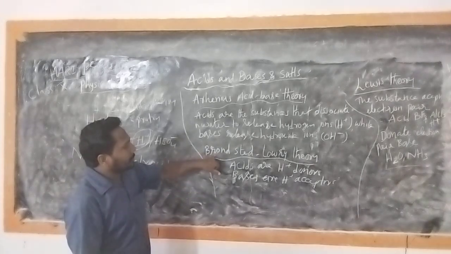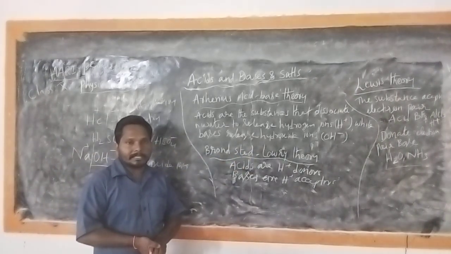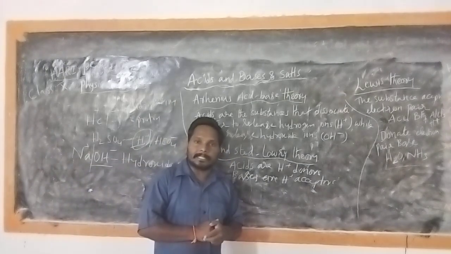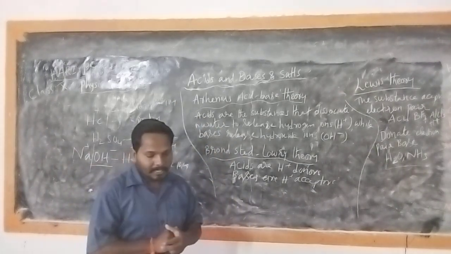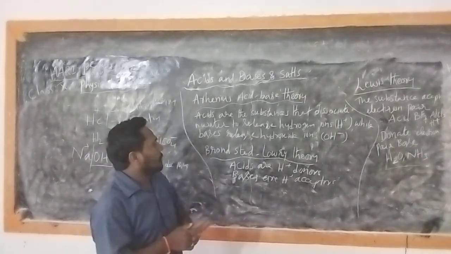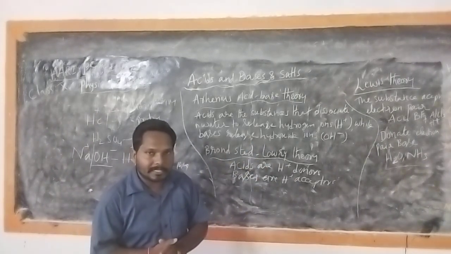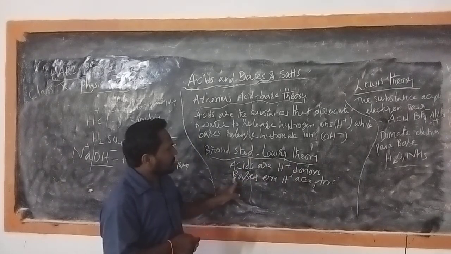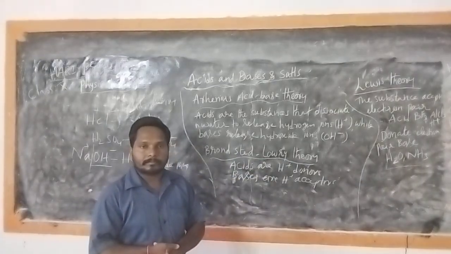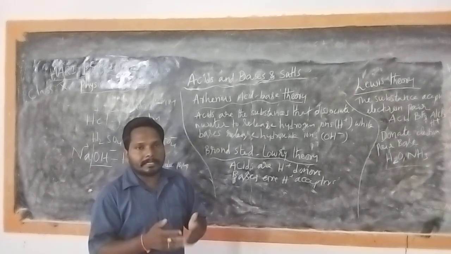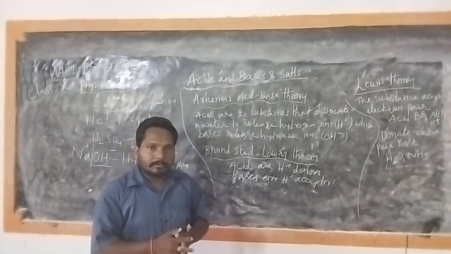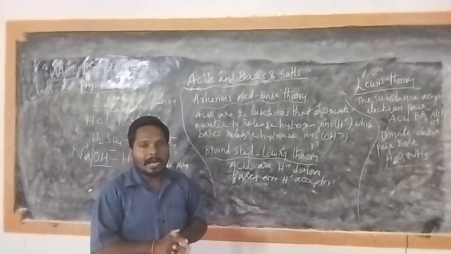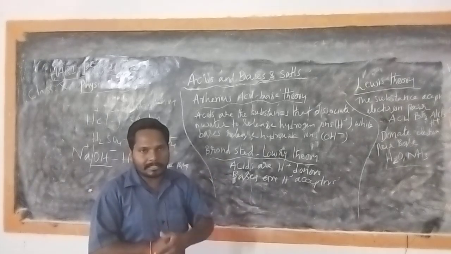The second one, Bronsted-Lowry acid-base theory. According to the Bronsted-Lowry theory, acids are H plus donors and bases are H plus acceptors. Those substances which donate protons, or H plus ions, are considered acids.